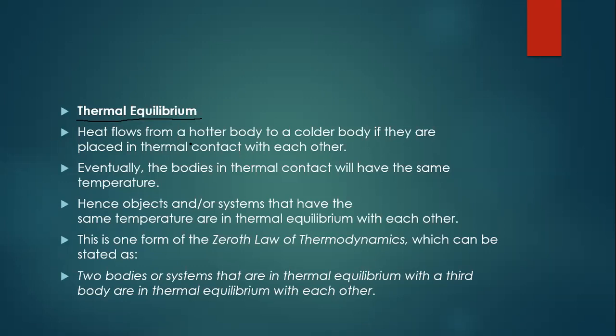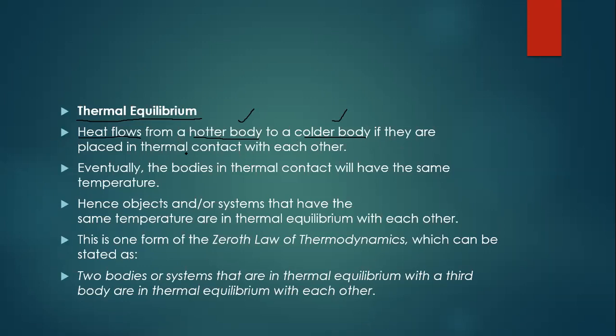So for thermal equilibrium to be established, we have to have heat flowing from a hot body to a colder body, all right? So from a hot body to a colder body, we have heat flowing in that direction.